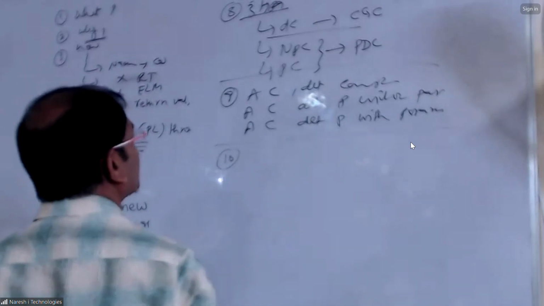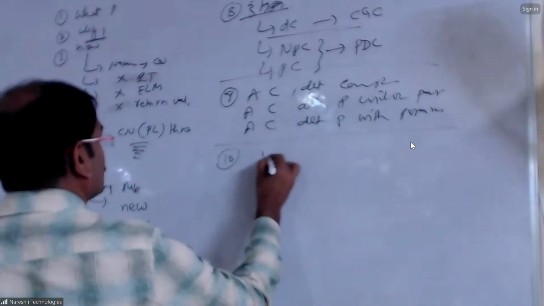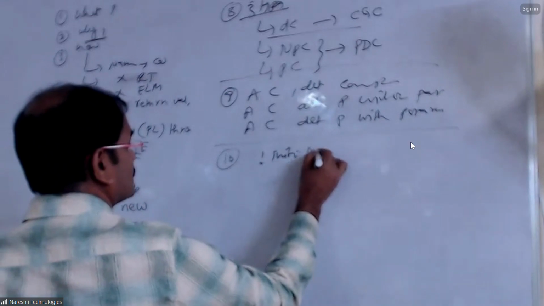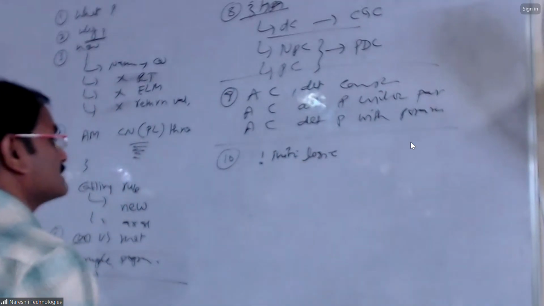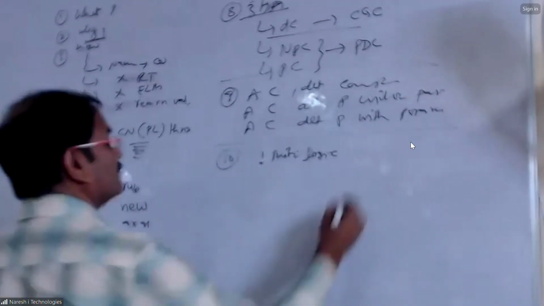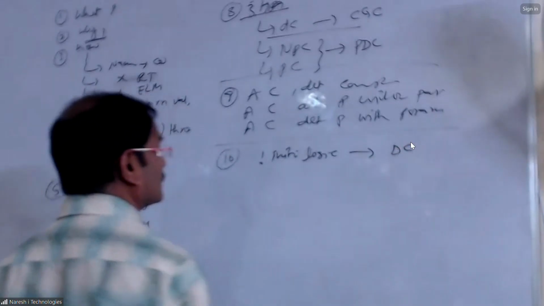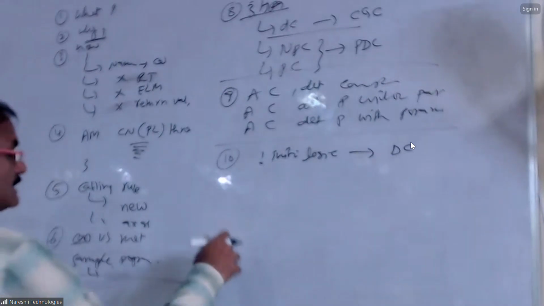Then the 10th point: when should we use which constructor? If I don't have any initialization logic, then we have to choose the default constructor. Means you don't define any constructor, and the compiler automatically adds that constructor.